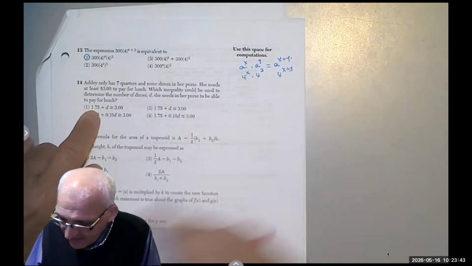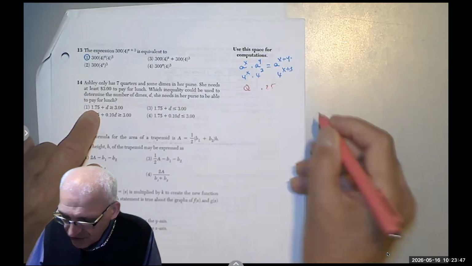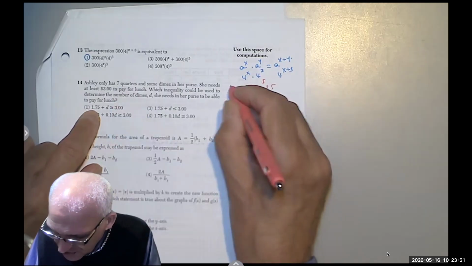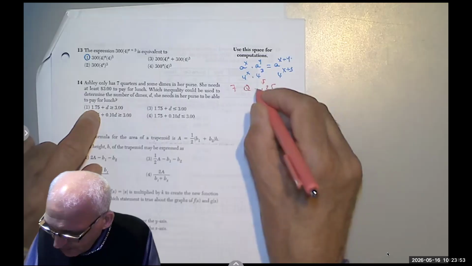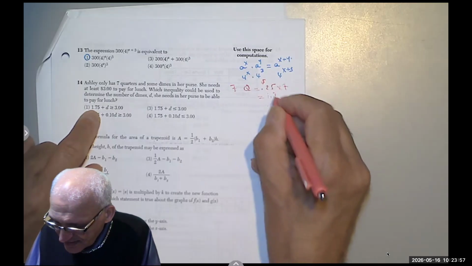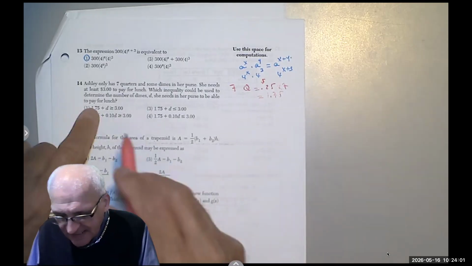Notice that a quarter is $0.25, and they told you she has 7 quarters, so I multiply 0.25 times 7, and that's how I got the 1.75. So I cannot say what this is saying.